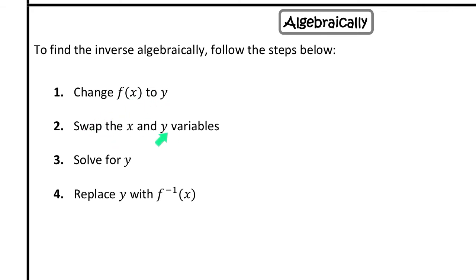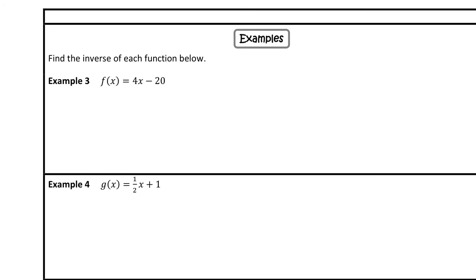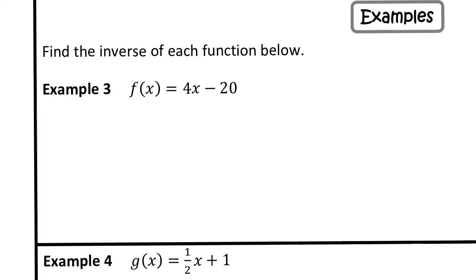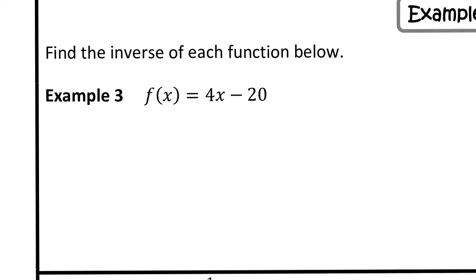We're going to swap the x and the y variables. We're going to solve for y, and then replace y with this notation. So we're going to practice this 3 times and see if we get the hang of it. So let me go over to the example, and let me zoom in as much as I can so that I'll have space when I'm writing.